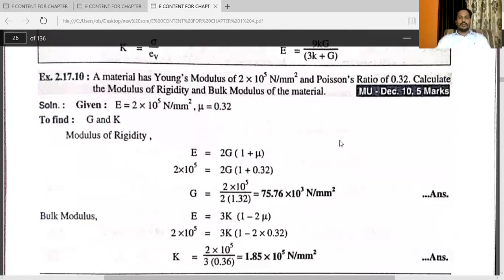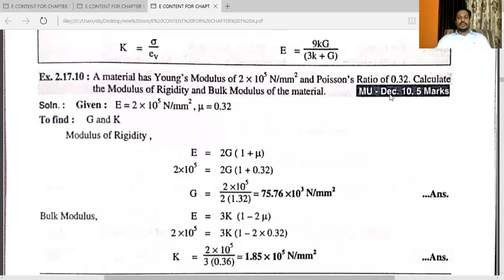See, the first problem is a university problem, December 2010, for 5 marks. A material has Young's modulus of 2 into 10 raised to 5 Newton per mm square and Poisson's ratio of 0.32.